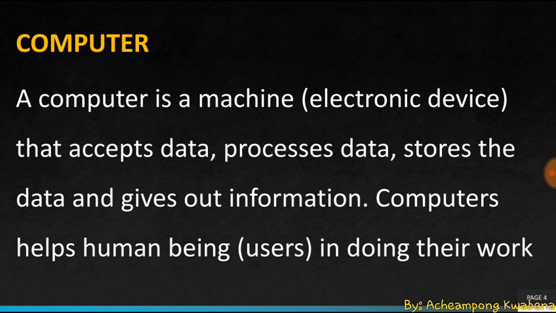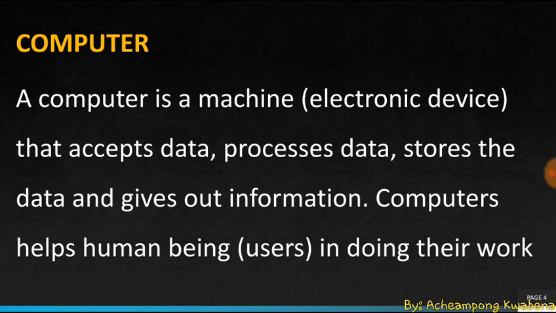So a computer is an electronic device that accepts data, processes the data, stores the data, and gives out information. So that's the work of a computer. It accepts data from the user, processes the data, stores the data, and gives out information.